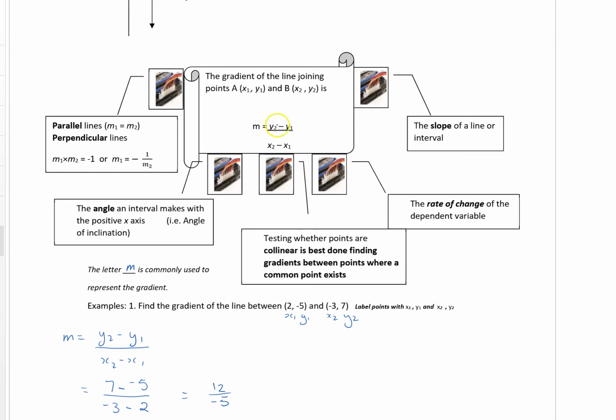So you know the formula for calculating the gradient between 2 points, and I've closed the reference sheet now, but I'll be very surprised if that's not on the reference sheet.